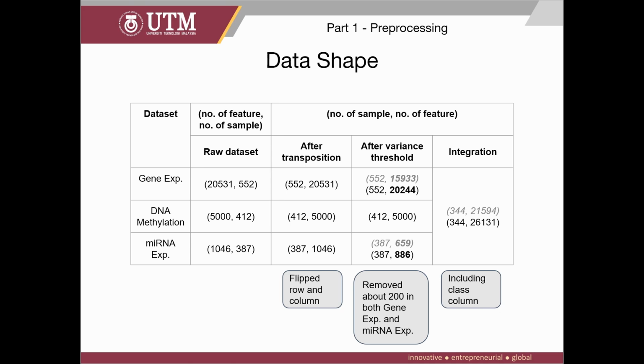And then the last step is the integration process. I have obtained about 21,000 columns during the last time, and this time I have obtained 26,000 columns for the multi-omics data.